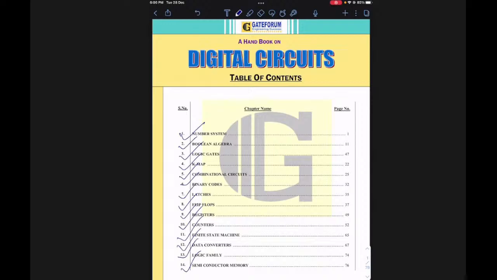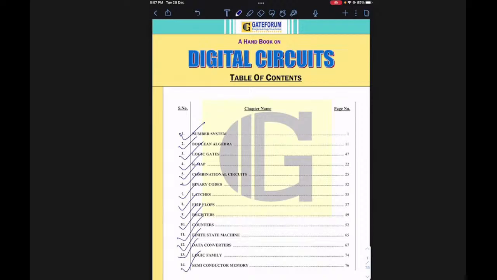This book which you are seeing on your screen is our GATE Forum handbook. And these 14 chapters, in the sequence in which you are able to see them, if you are my students, you might have seen this is the same sequence I used to follow in my live classes. If you open your notes, in this sequence only, I have completed your course, isn't it?